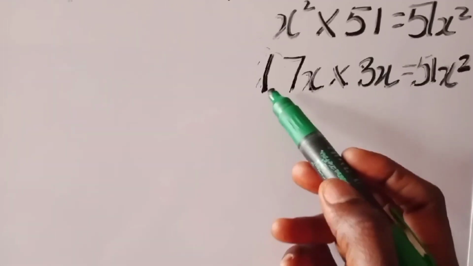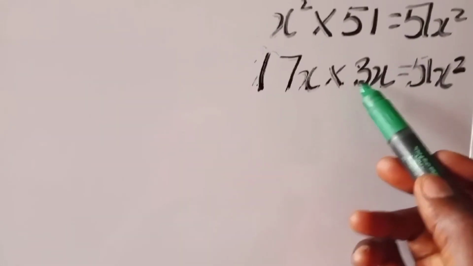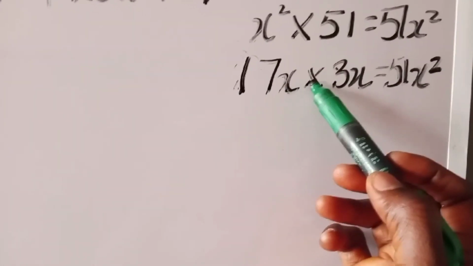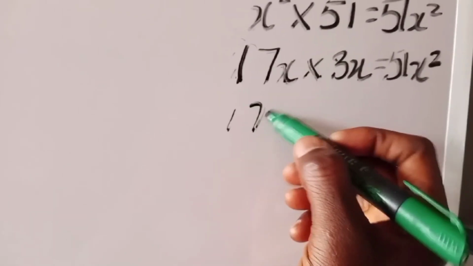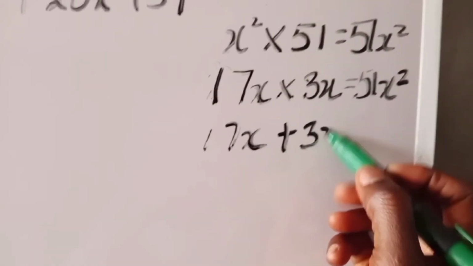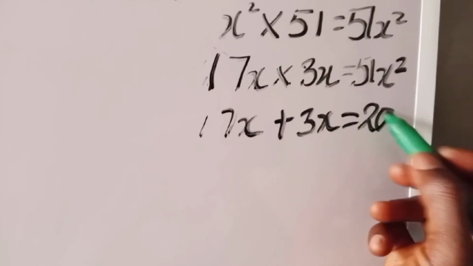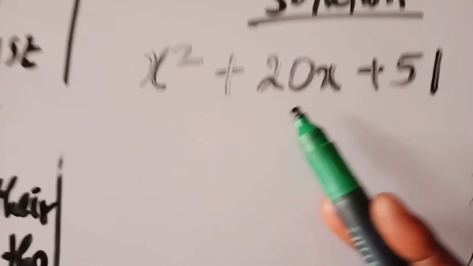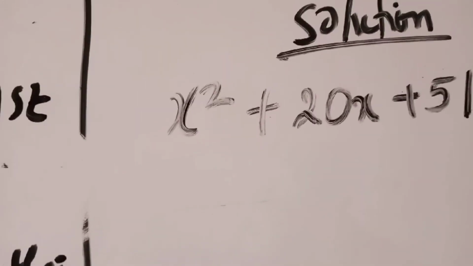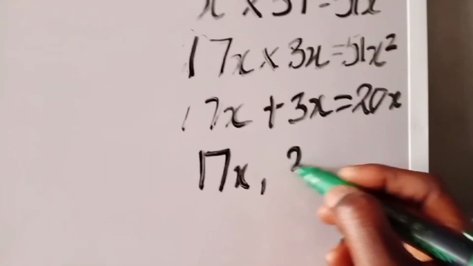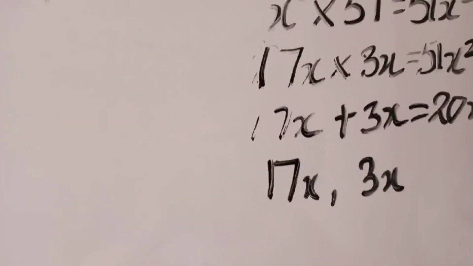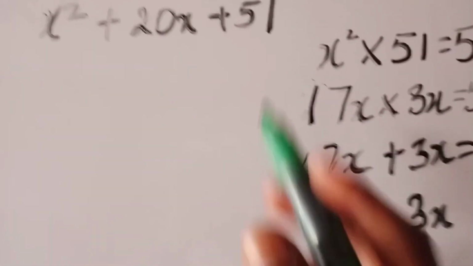The second condition is either to add 17 to 3 or to subtract 17 from 3. In this case, 17x plus 3x equals 20x, and 20x is the second term in this quadratic equation. So 17x and 3x satisfy the conditions, both necessary and sufficient.